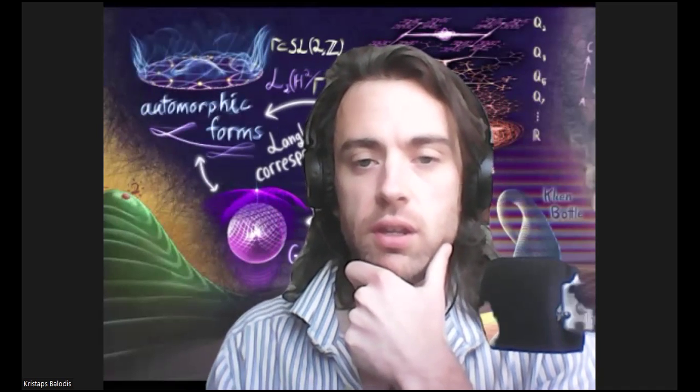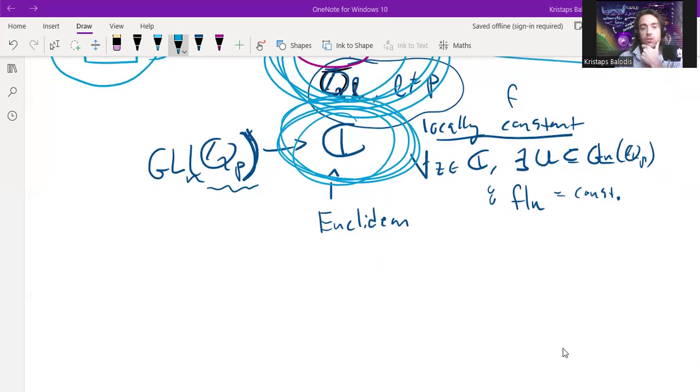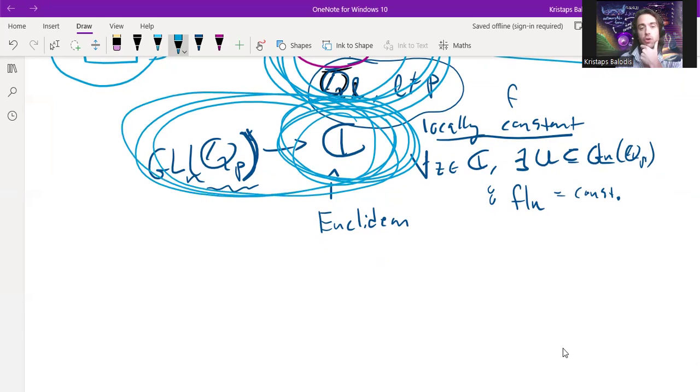They asked something to the effect of: if the continuous representations that show up over here just happen to be locally constant, well, isn't that going to happen for representations as well? Shouldn't there be, how do other interesting representations show up? And actually, that's exactly the thing that we're going to study.